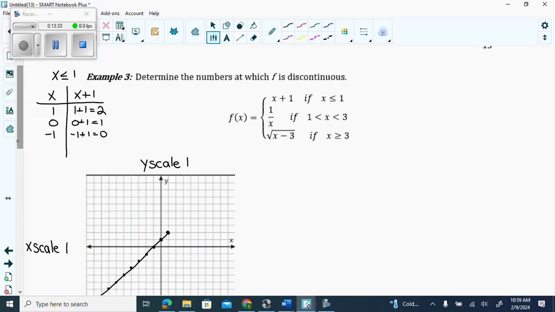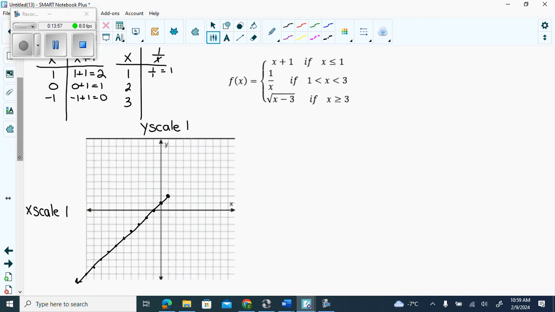And with an arrow. It keeps going. Okay. Then we have 1 over x as our second t-table. So it would be x and then 1 over x. And it's between the values of 1, 2, and 3. That's supposed to be an x. So I do 1 divided by 1, which is 1. So now I have a coordinate at 1, 1. Open or closed dot? Open because it's between 1 and 3, not inclusive. So 1, 1, open dot.